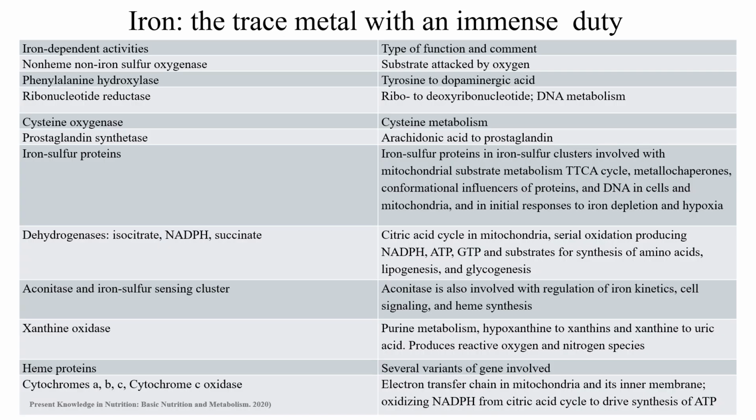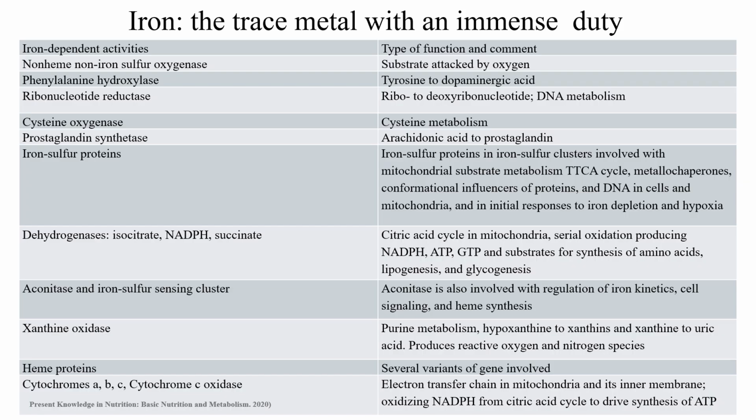Next, iron, even though it's a trace metal in the biological system of human beings, it does a lot of jobs. For example, iron-sulfur proteins and iron-sulfur clusters are involved with the mitochondrial substrate metabolism in the TCA cycle. And it also is involved with DNA in the cells and mitochondria, and it is an initial response to iron depletion and hypoxia or cell death.